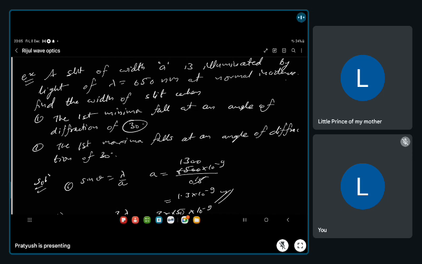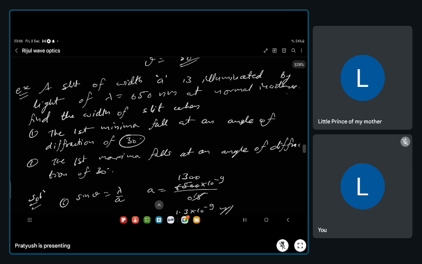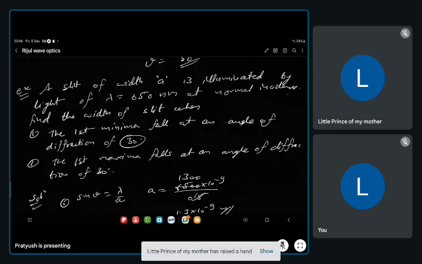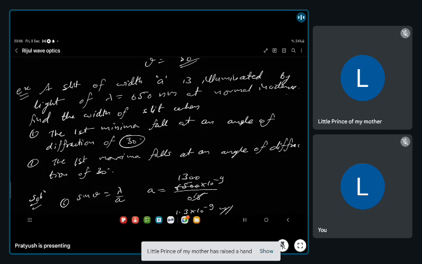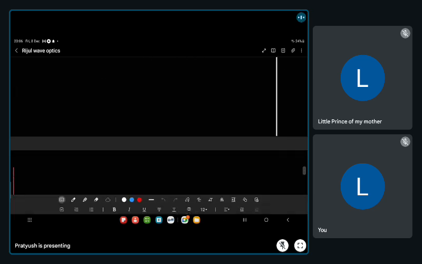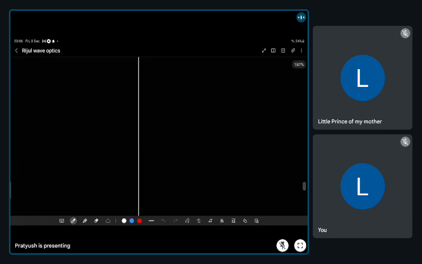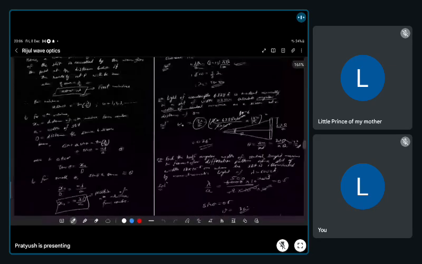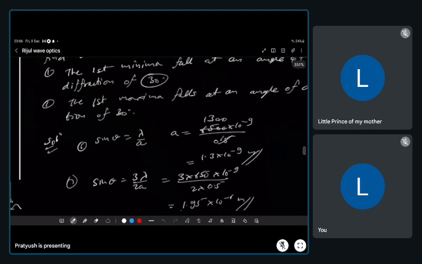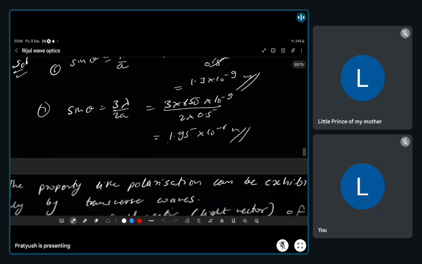We have the wavelength in nanometers, and we also have the angle. What is sine 30 degrees? It is 0.5. So 0.5 equals lambda by A, that we know. From here we are getting our answer.